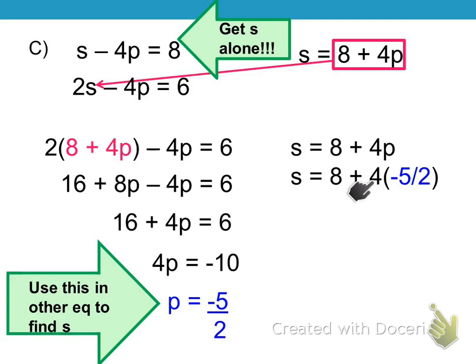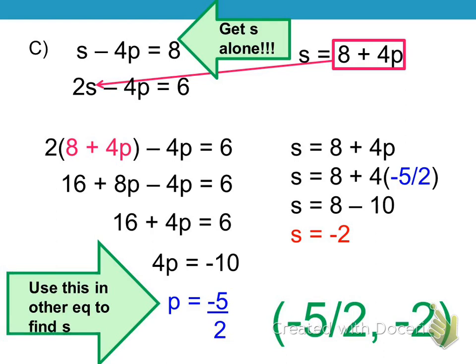What's 4 times negative 5 halves? Negative 20 halves, which is negative 10. So 8 minus 10, which is negative 2.